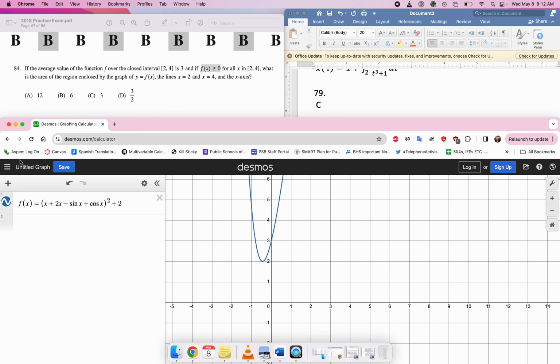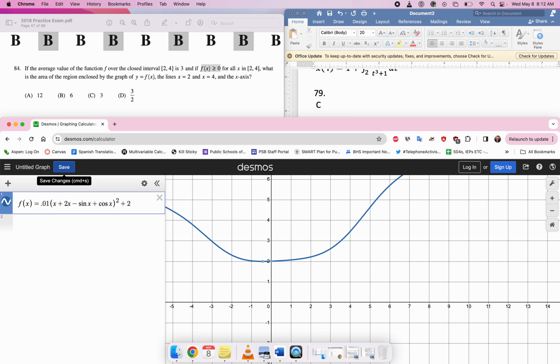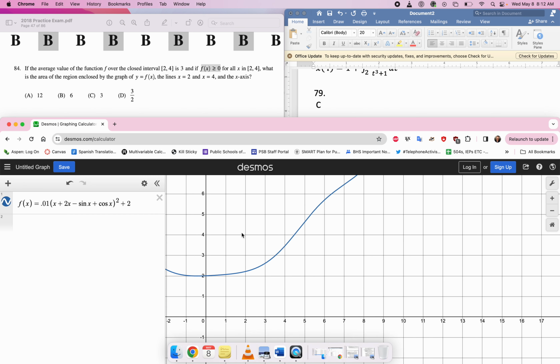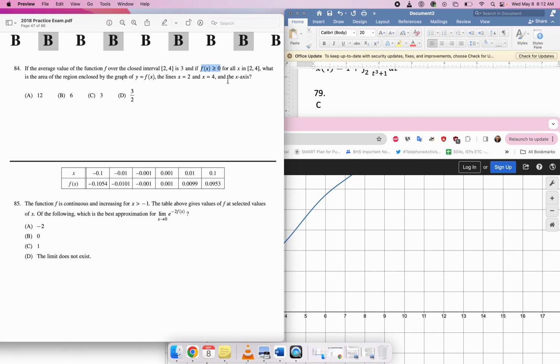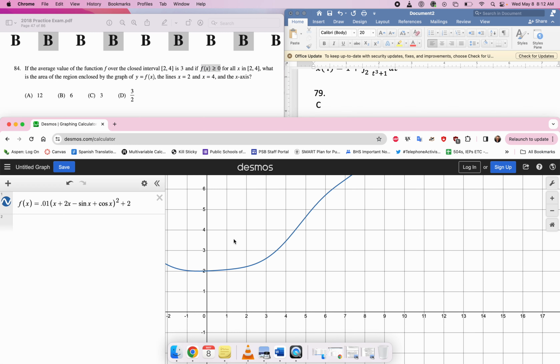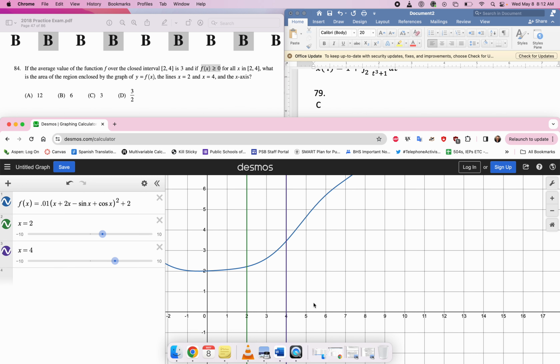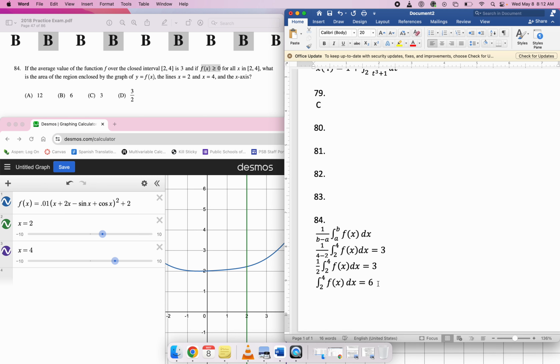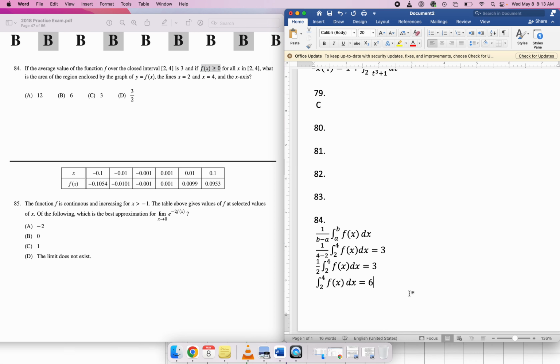And so therefore, the area bound by this graph, whatever it looks like, the lines x equals 2 and x equals 4, and the x-axis, that's this region right here. And that is just the integral of this function, right? So the integral of this function is 6, so the answer is 6.